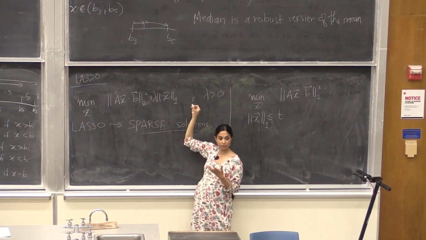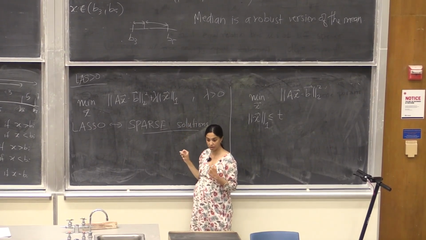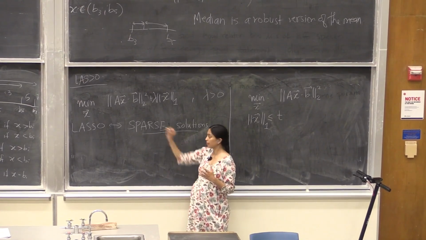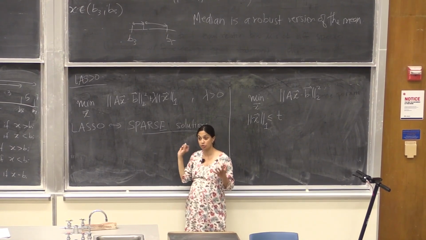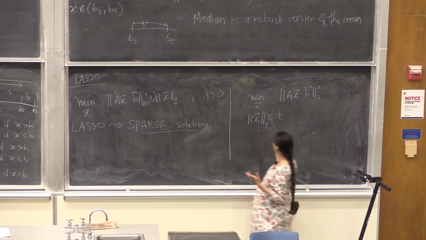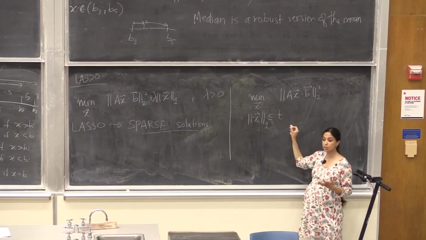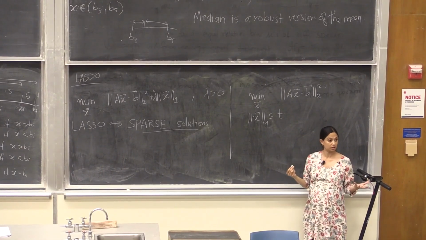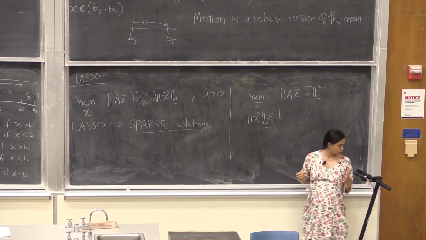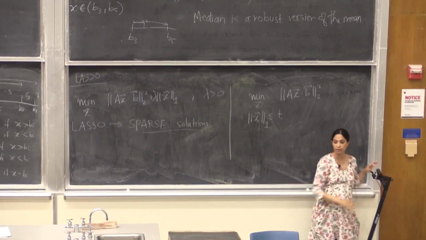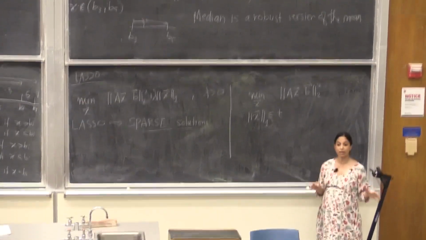If the L1 norm gets large, my objective function is large, and that's not a good solution for me. Here I'm putting downward pressure on my L1 norm by having an explicit constraint, by explicitly saying, make sure this L1 norm does not get any bigger than this t value, right?